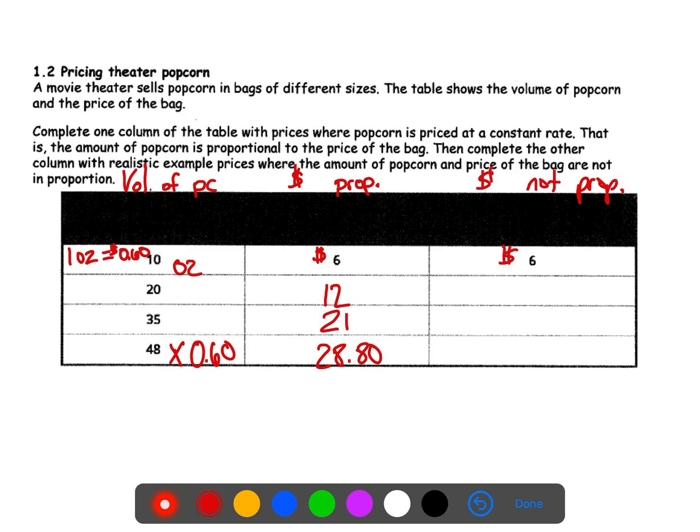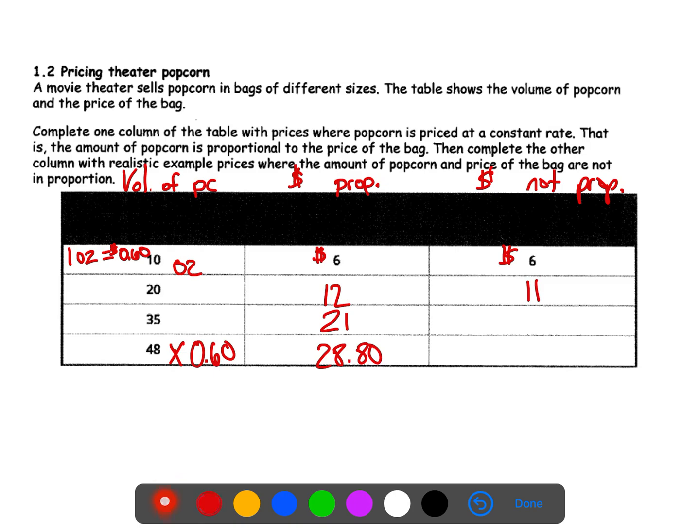So, this is kind of up to interpretation, but a non-proportional price would be, say, these smaller sizes here are going to kind of increase almost proportionally. So if it's proportional to pay $12 for 20 ounces, maybe they would cut you a little deal and you'd say a price around $11.